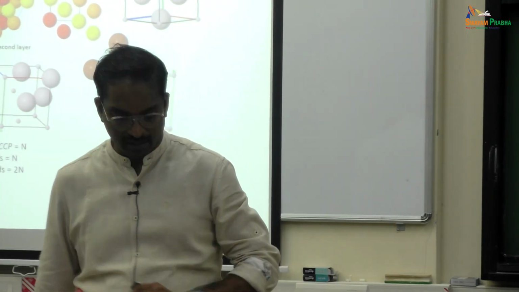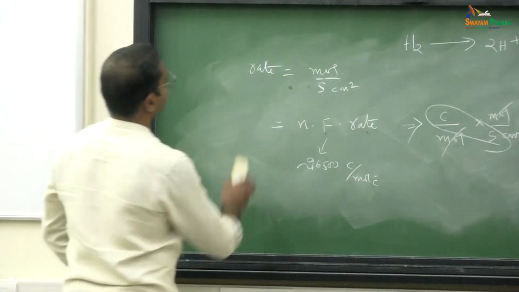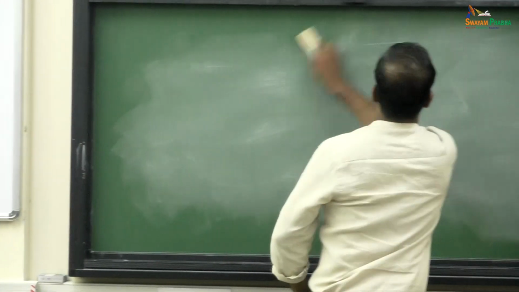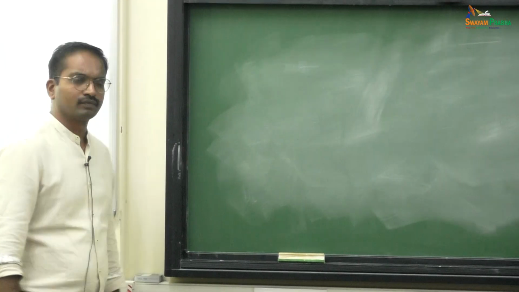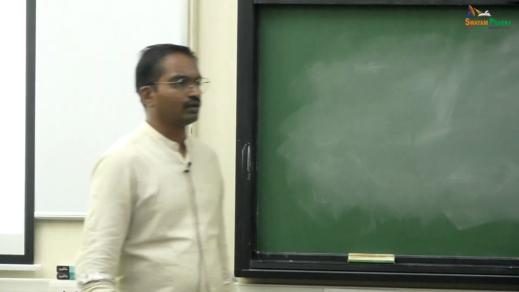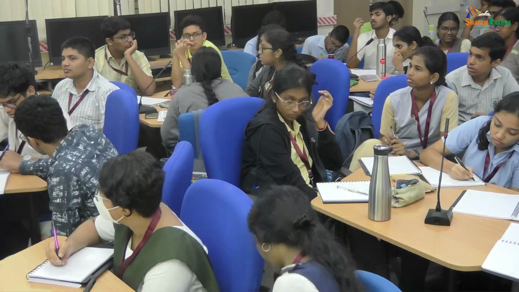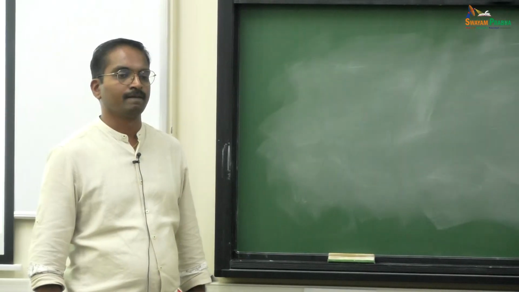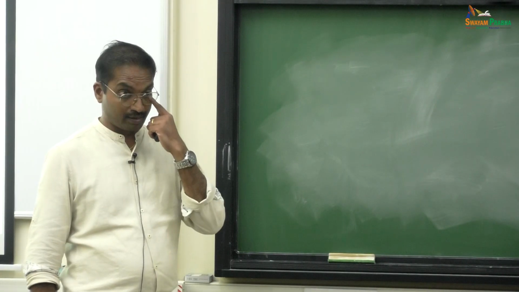Okay. Now, let us look at this. What is E naught cell? See, if you go to the second year, you will see something called standard reduction potential. How does it develop?